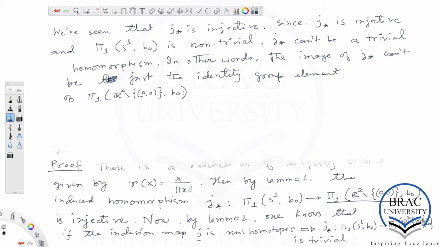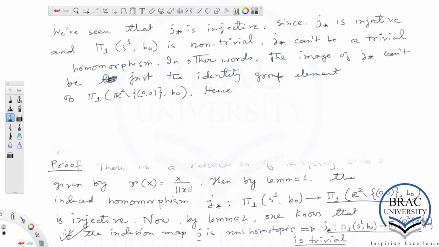By using the contrapositive version of this statement, we are going to negate the statement appearing on the right hand side. J star is non-trivial, which means that the inclusion map J cannot be null homotopic.